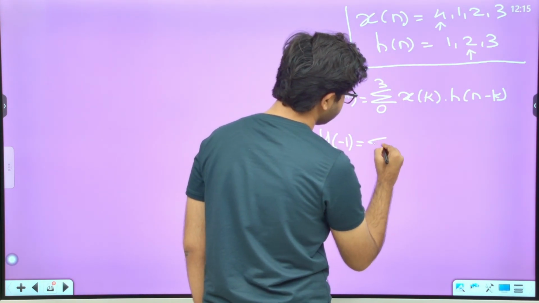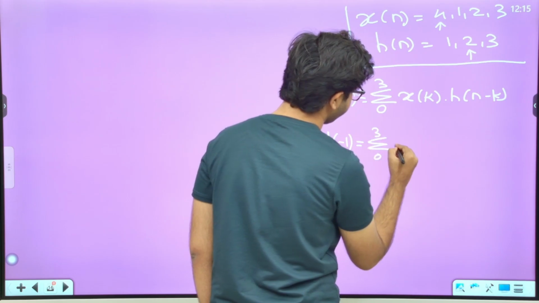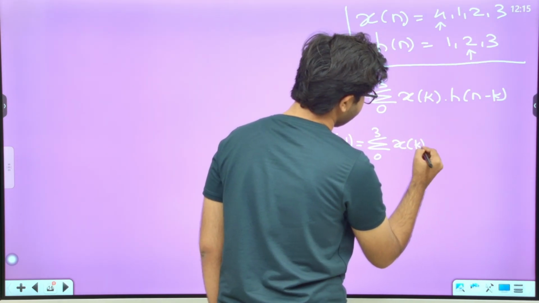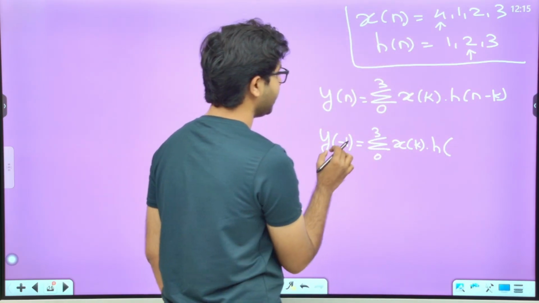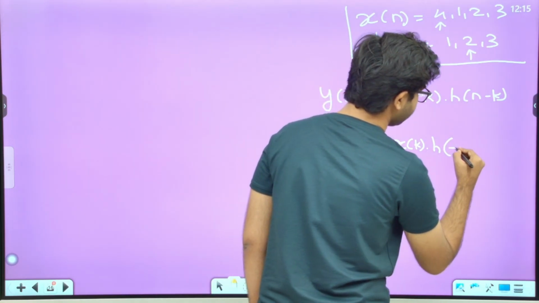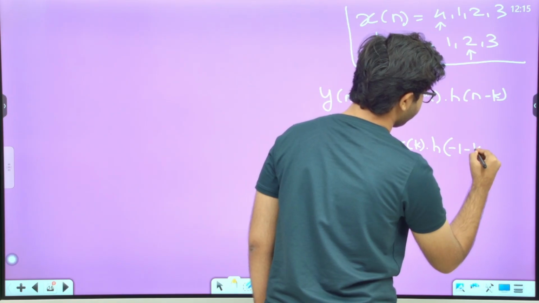y of minus 1 is equal to summation 0 to 3 x of k into h of n minus k, but n is minus 1, so here we will write minus 1 minus k.